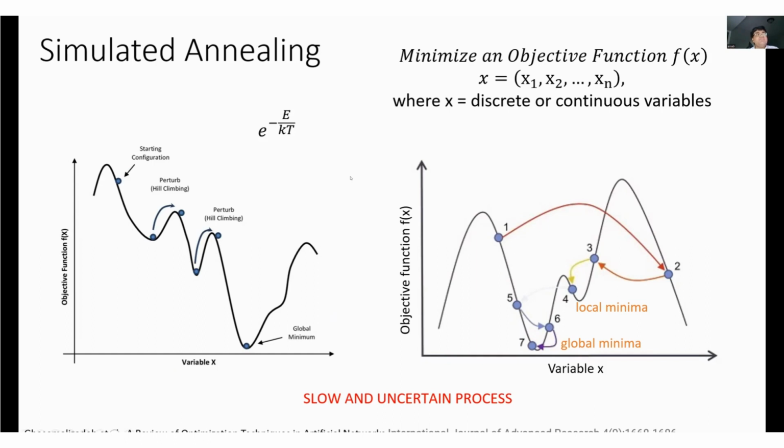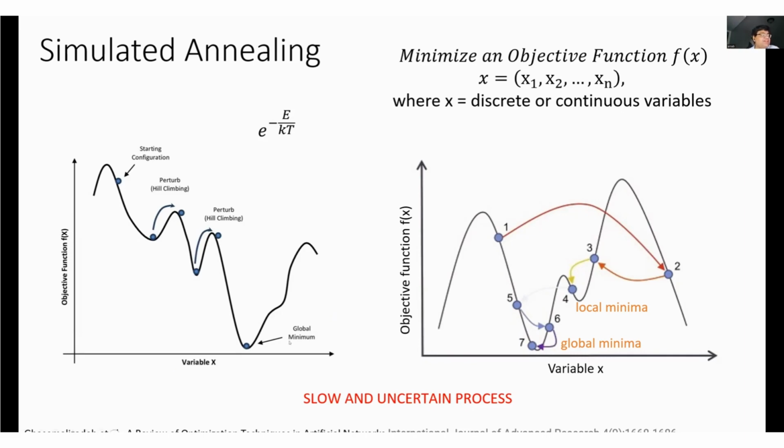When you do that, you have a finite probability of climbing up a hill and going to the other side, so you can go from one valley to the other. And lo and behold, the laws of statistical physics say that if you do this long enough, you will finally reach the global minima. But the main point is, if you do it long enough, do we have so much time? So it is a slow and uncertain process.